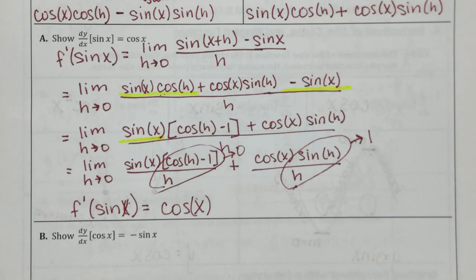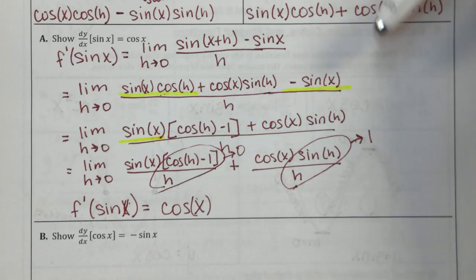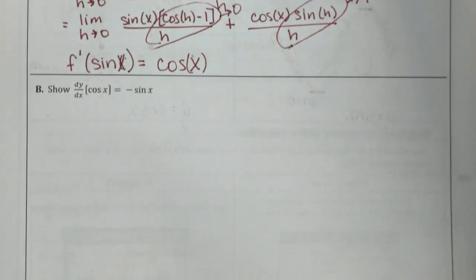Okay, so we have 3 minutes left. I don't think we can do the next one in 3 minutes. Well, I'm going to start it, but I don't think we're going to finish it. It's okay.